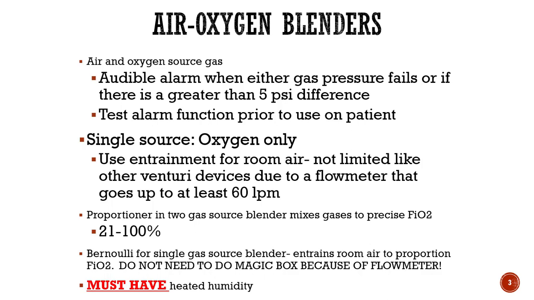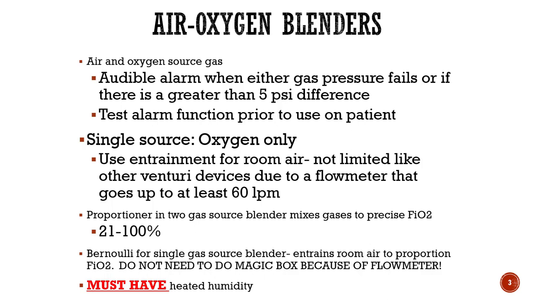What makes that different from the two gas source is you can't actually get down to 21%. I think the lowest FiO2 on Mayo's blender is like 24% because of that single gas source. So that is the difference of the two blenders that we're going to be looking at in lab.